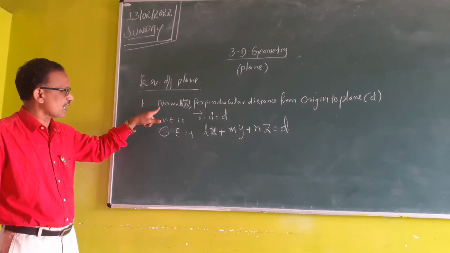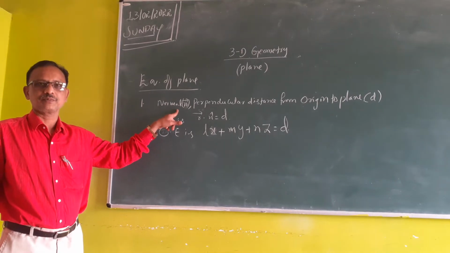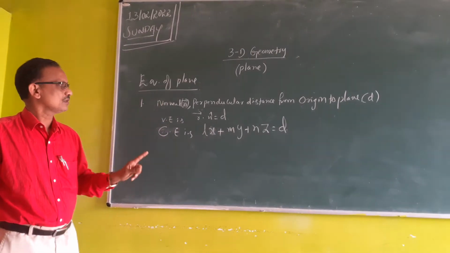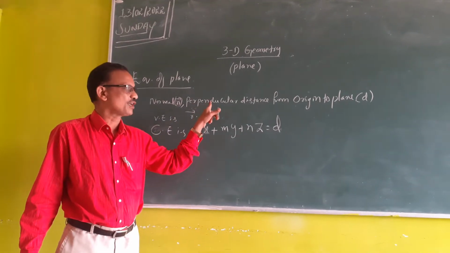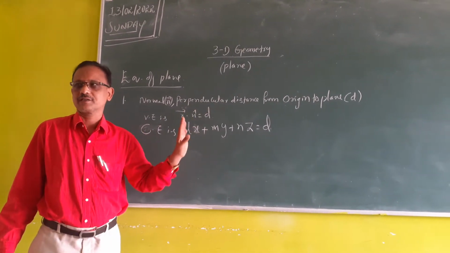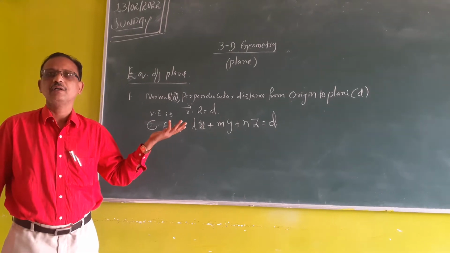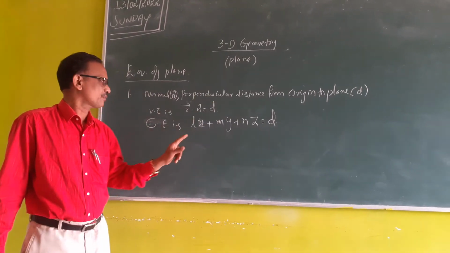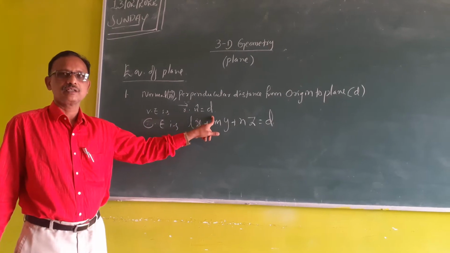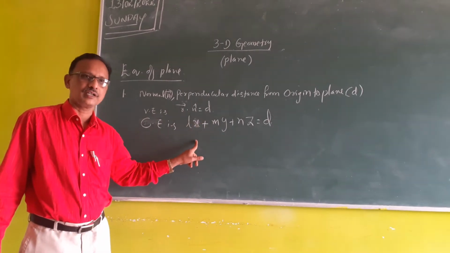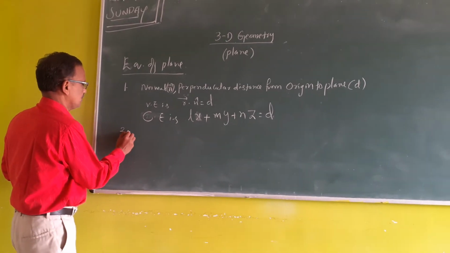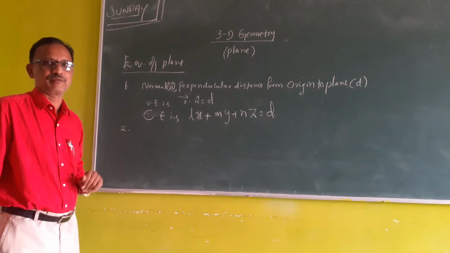So when normal to plane, that is perpendicular vector to plane, and the distance from origin to plane are given, the equation of the plane is this. This is vector equation. This is Cartesian equation. This is all over.